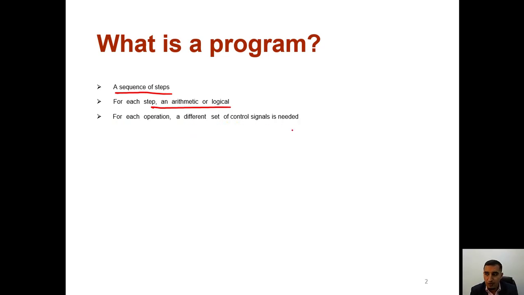As you recall, we said that the CPU consists of registers, an ALU, and a control unit. The control signals are provided by the control unit. The arithmetic and logical operations are done by the CPU. The data needed for these operations is stored in the registers.